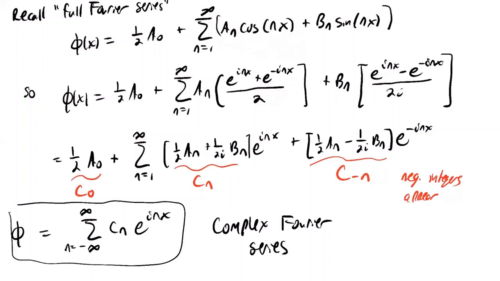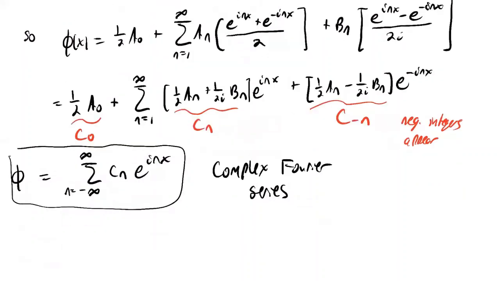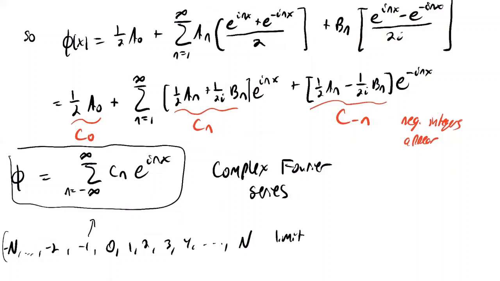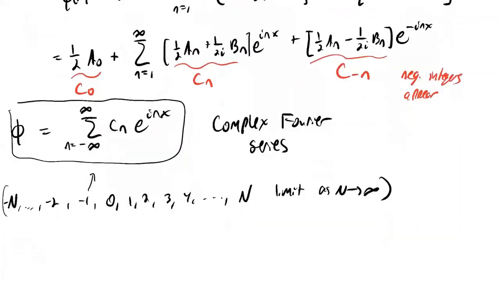You may not have encountered this notation, the sum from n equals minus infinity to infinity. So what does this mean? This means n can be 0, 1, 2, 3, 4, etc., up to some number N. It can also be minus 1, minus 2, etc., up to minus N. And you're taking the limit of these terms as N goes to infinity.